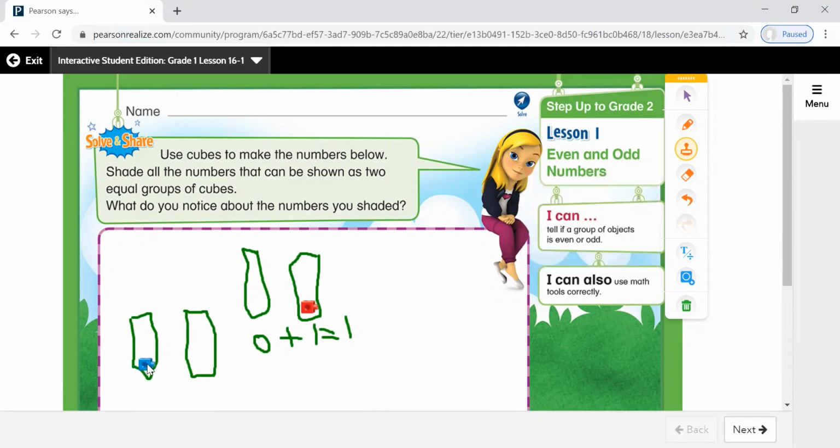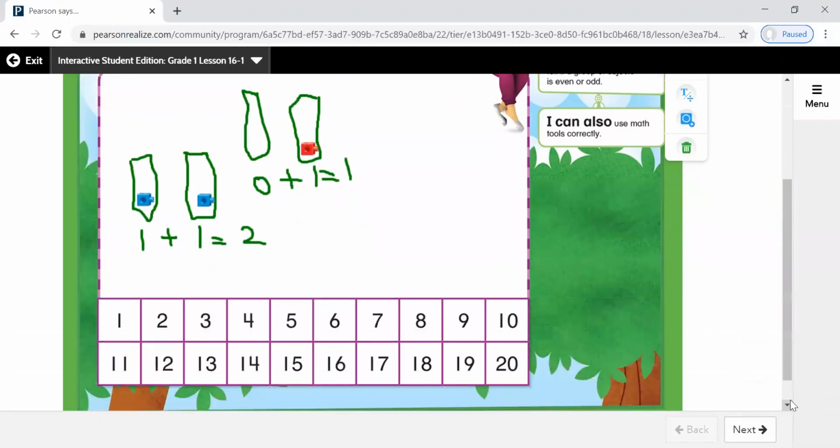If I have this cube 1 and 2, can I put them into two equal groups? Yes, I can. I have here 1 cube and here I have also 1. This is a double equation. So 2 is even because I can divide it into two equal groups.